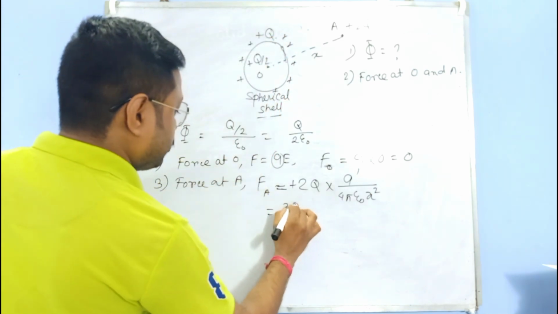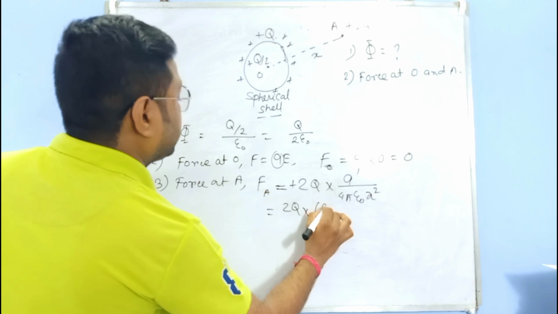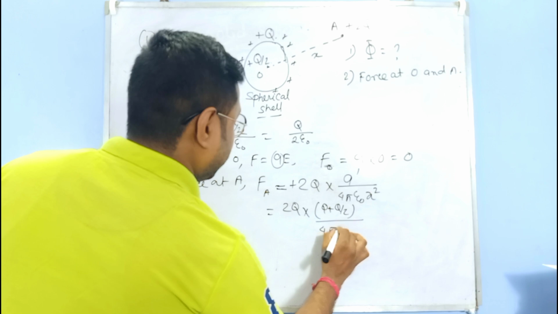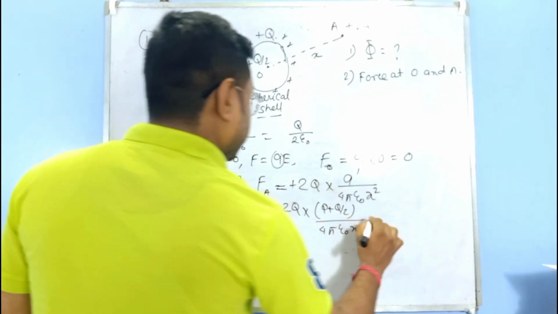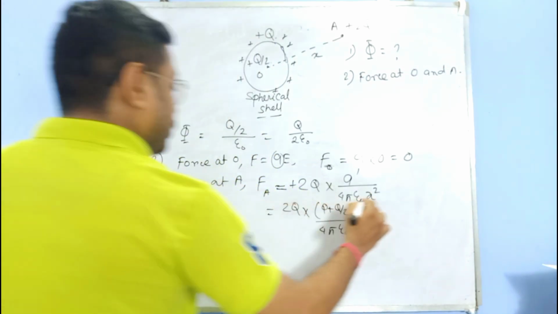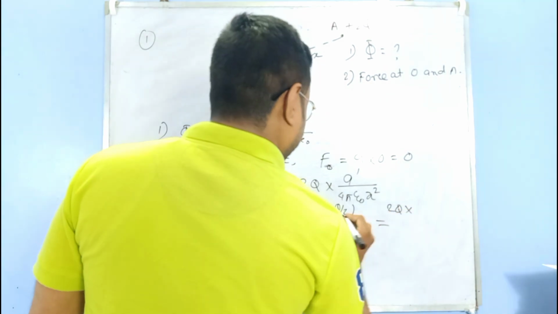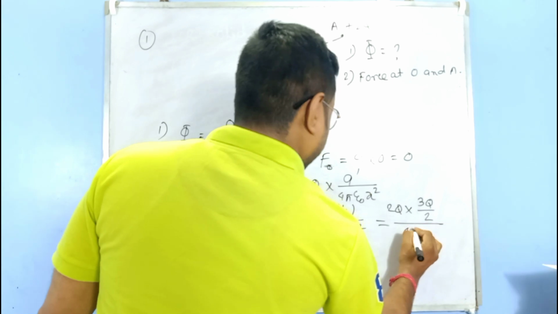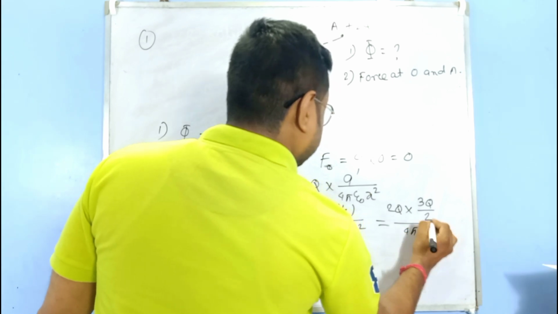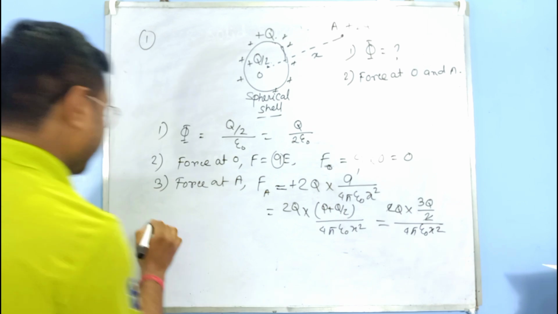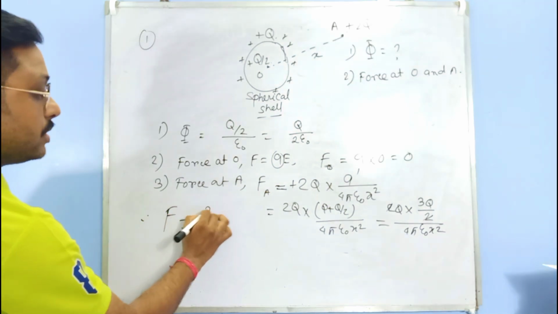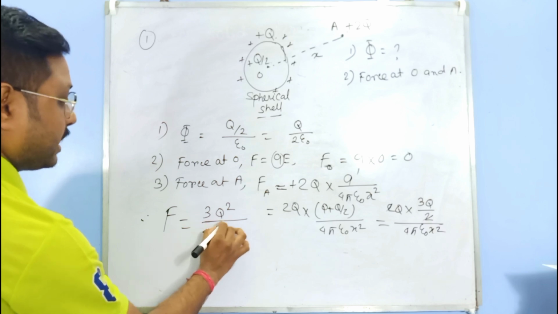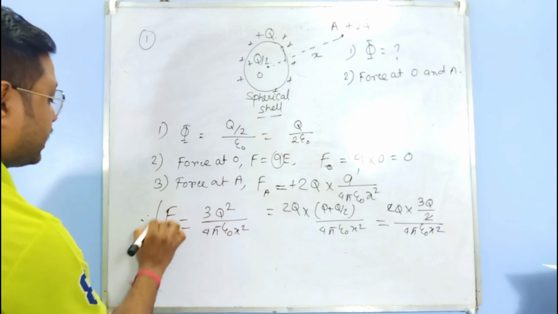So we can write it as 2q into q plus q by 2 divided by 4 pi epsilon naught x square. So 2q into 3q by 2 by 4 pi epsilon naught x square, the 2 cancels out, and we find that force F equals 3q square divided by 4 pi epsilon naught x square.